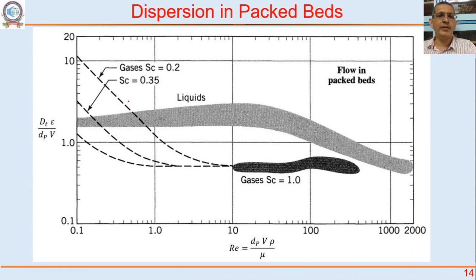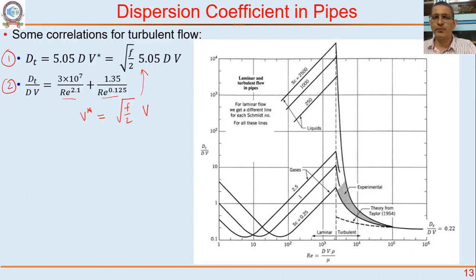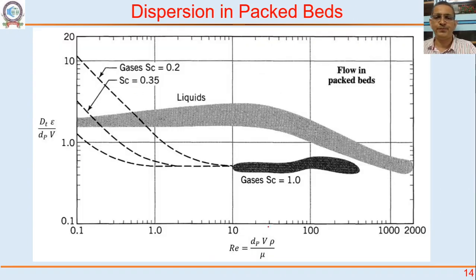What we will do is, and this is how the dispersion coefficient looks like in, let's say, packed beds. So Reynolds number in packed bed versus dispersion coefficient in the packed bed. This is the data for gases for different values of Schmidt number. Schmidt number 0.2, Schmidt number 0.35, Schmidt number 1.